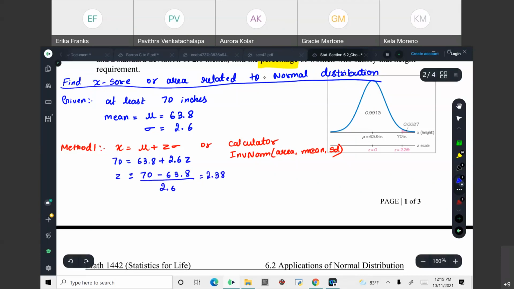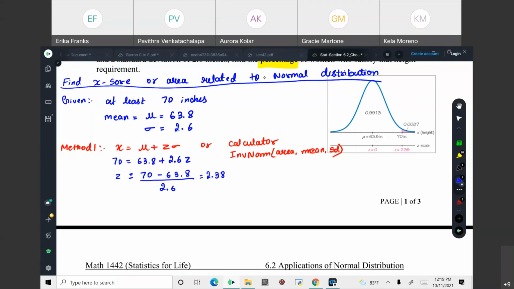Now that you have the z-score, you can easily find the area. So this is one way of doing it. If you have the x-score and they are asking you to find the area, you cannot do that directly because we do not have something called an x table like we have the z tables. So what we do is convert the x value to the z value and then find the area.